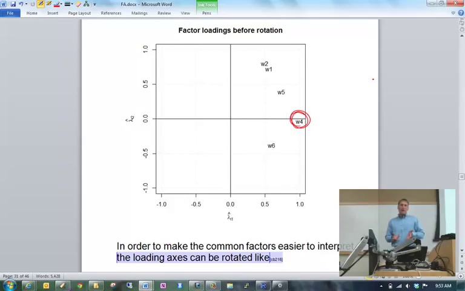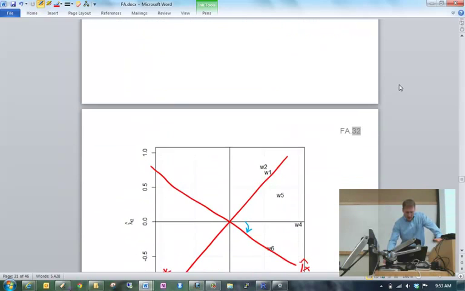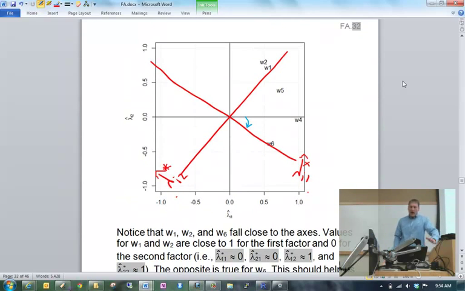And the way that you can do that is to rotate your XY axes that you see there. So what I'm going to do, and this is illustrated on the next page here, 32, I simply rotate, maybe about 40 degrees, the XY axes. So here's my X-axis from before, and here is my Y-axis.